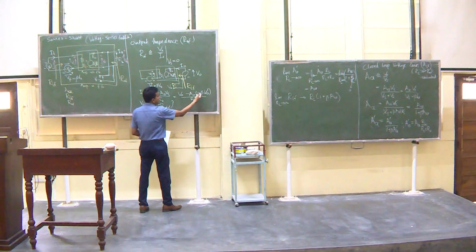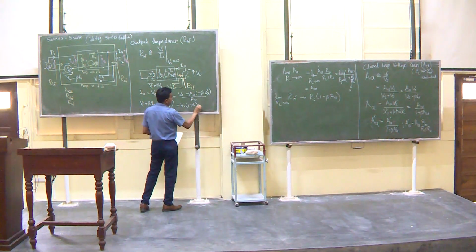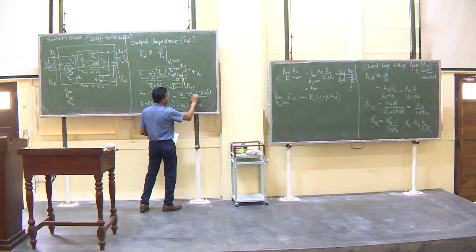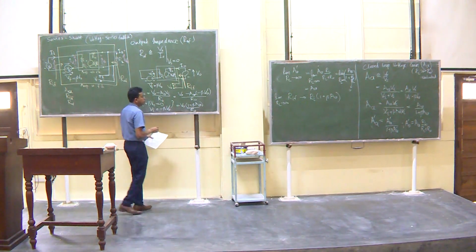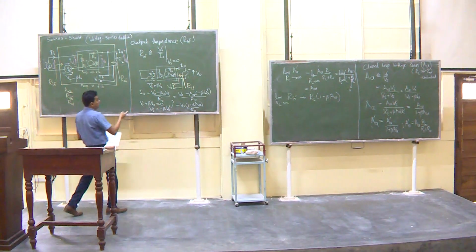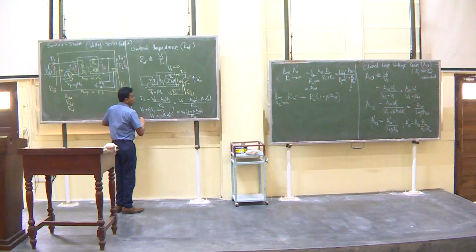So this negative sign with this, we will have V out times 1 plus beta AV, divided by R naught. So from this I can obtain the expression for the output impedance.